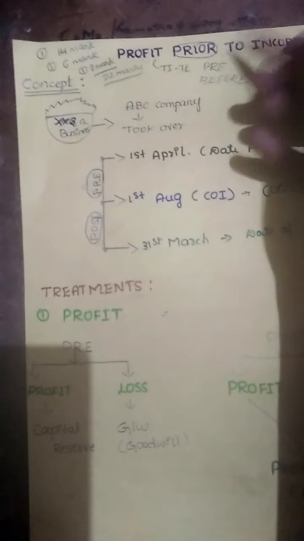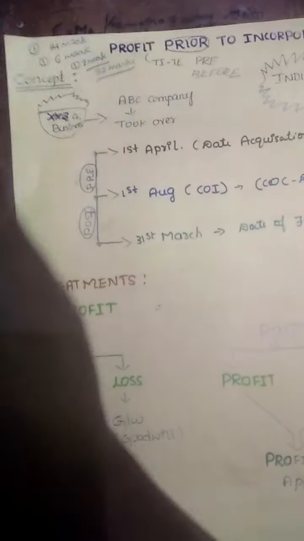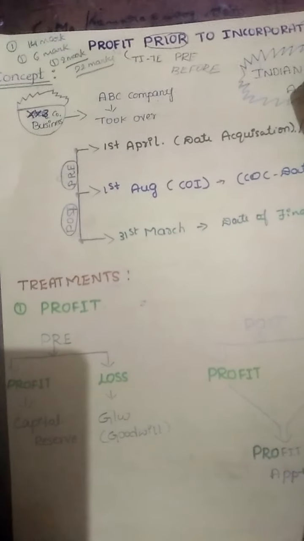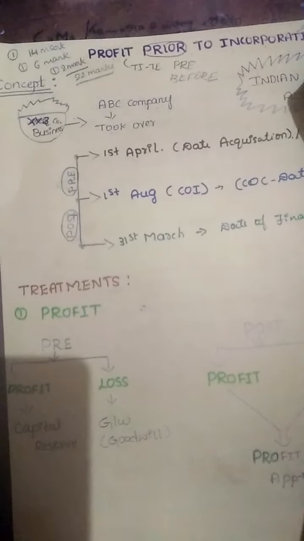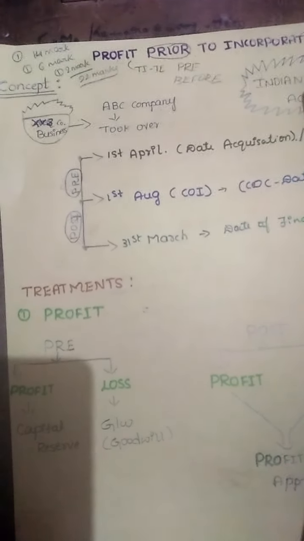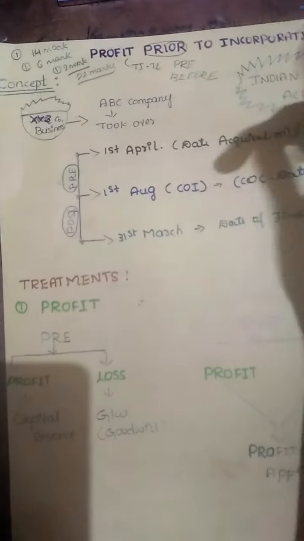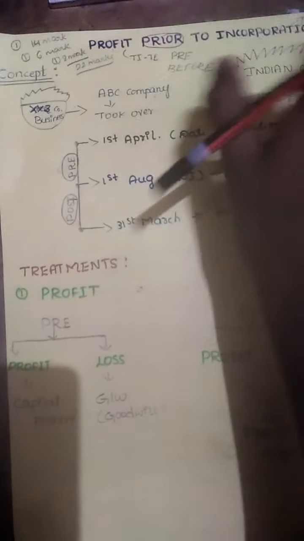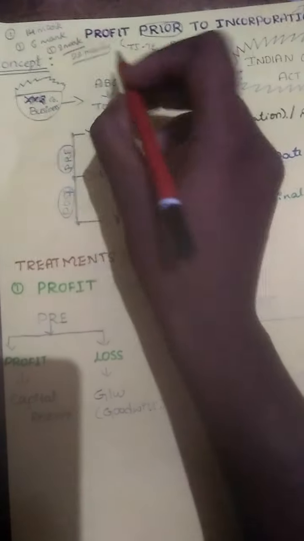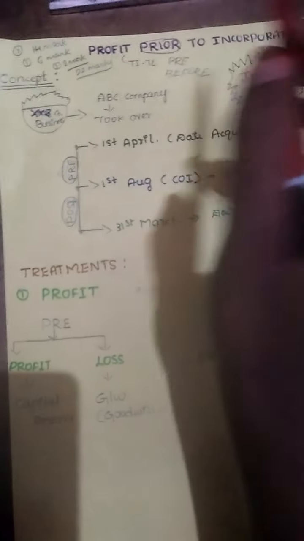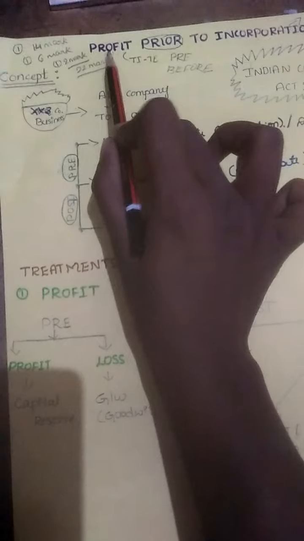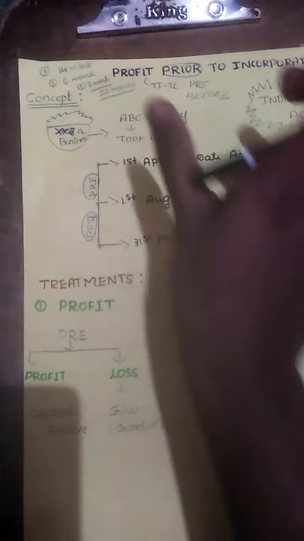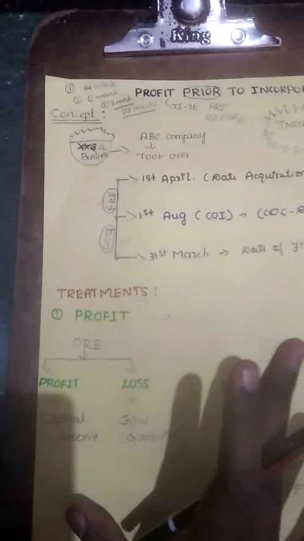Incorporation means when the company receives the certificate of incorporation, then we say the company has been incorporated. Profit prior to incorporation means that in this chapter we have to calculate the profit of the period before incorporation.